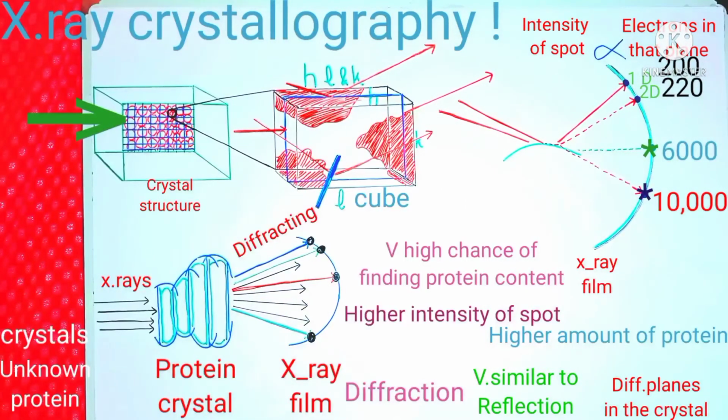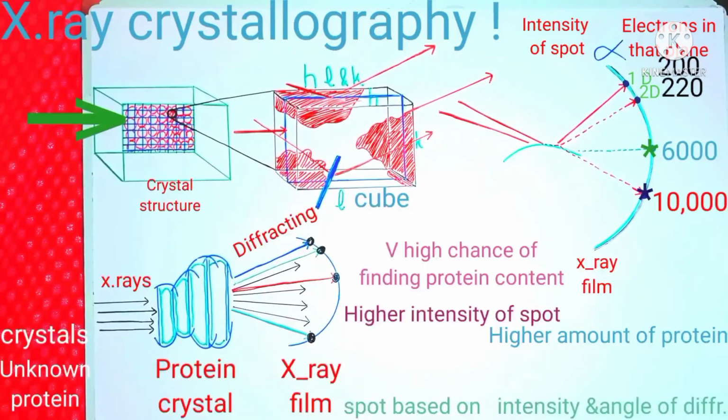We know the relation between the number of electrons and the intensity level that we find on the X-ray film, as we are dealing with the structure of an unknown protein. We simply derived that spot based on the density and the angle of diffraction.